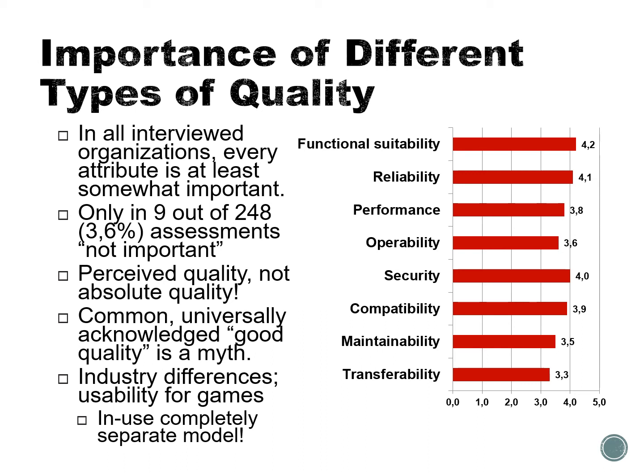And basically, that it wouldn't be as important as, for example, security or reliability. But considering that we did the assessments and we didn't get really strong results, transferability was the least important, but it still was considered somewhat relevant, whereas reliability and functional suitability were considered very important, but not with that large margin.